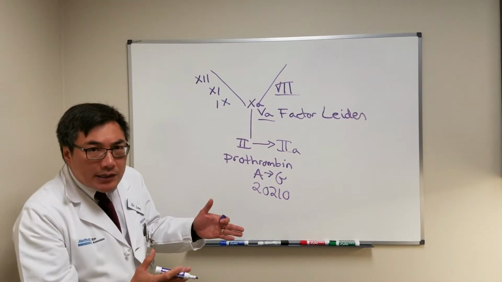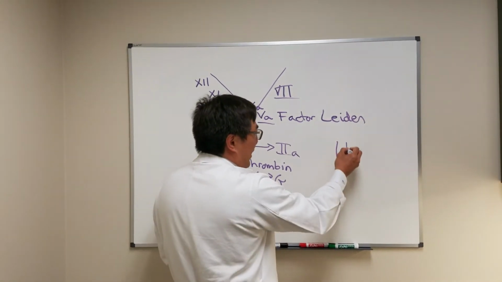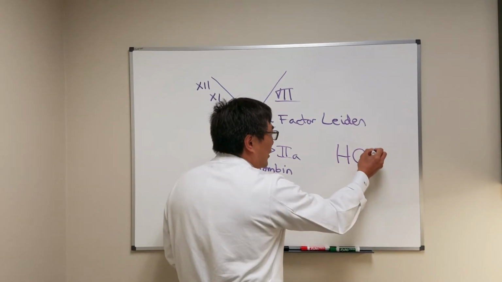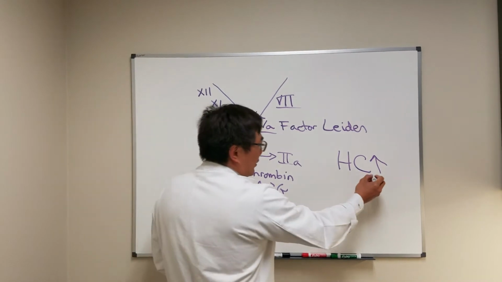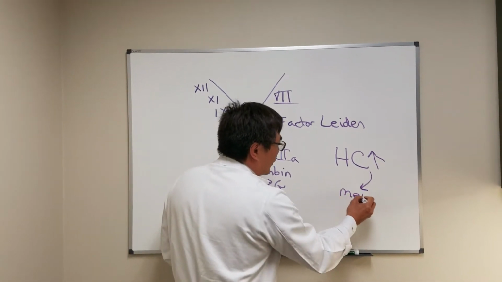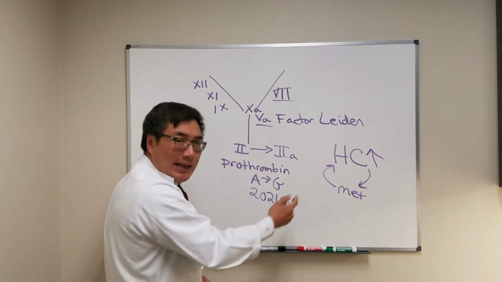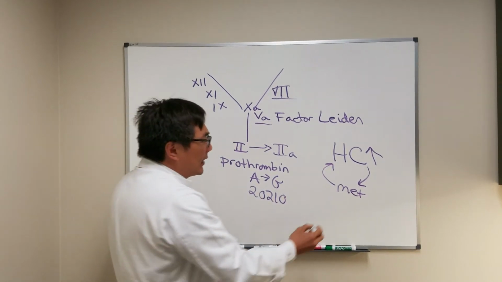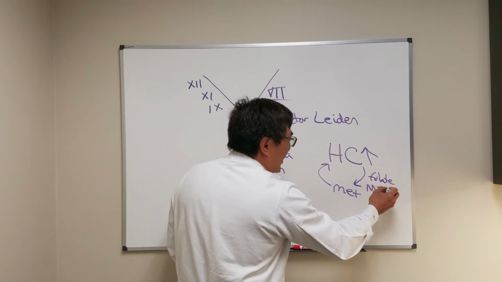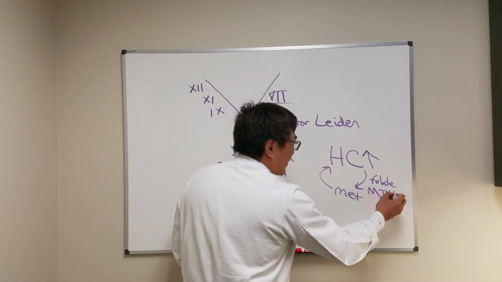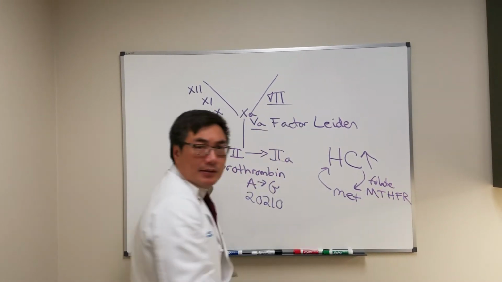There's a third mutation that is related to an independent graded risk factor for thrombosis called homocysteine. Homocysteine is converted to methionine, and so homocysteine is kind of like a bad guy and methionine is a good guy. This is a folate-dependent pathway mediated by an enzyme, methylene tetrahydrofolate reductase.